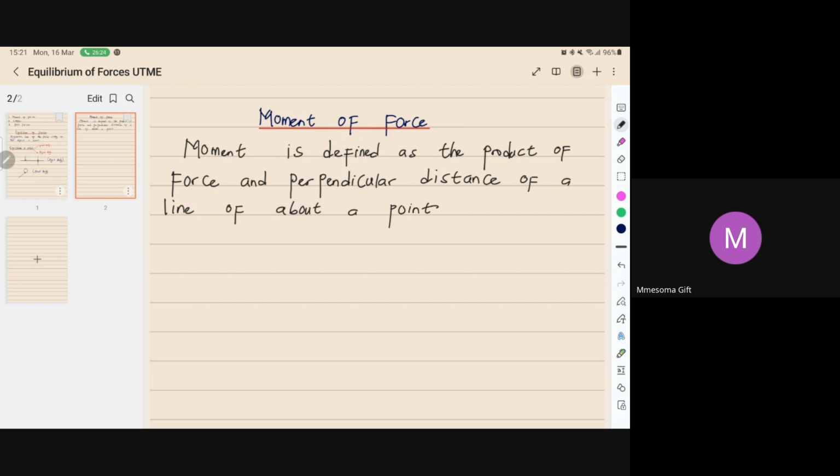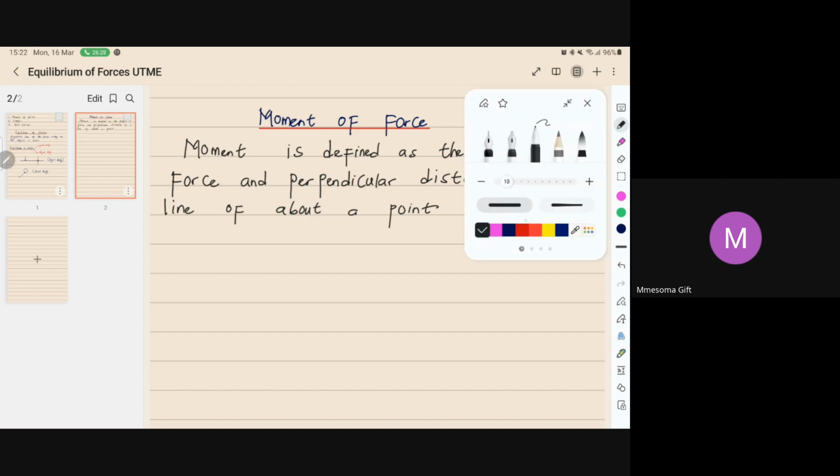That is what we regard as moment. So mathematically, we can represent moment to be equal to force times perpendicular distance.